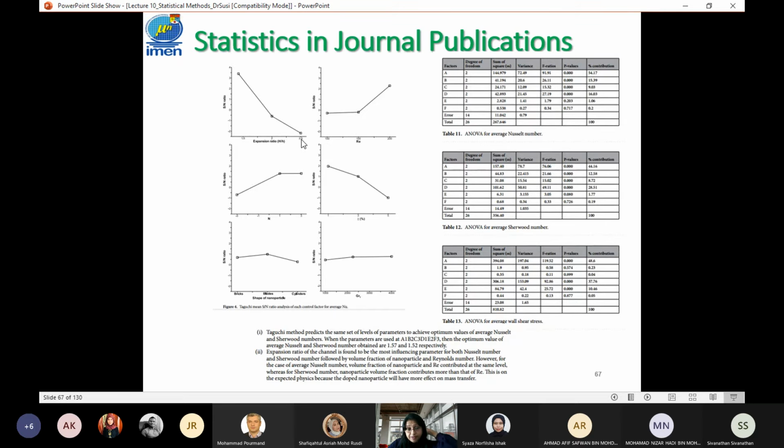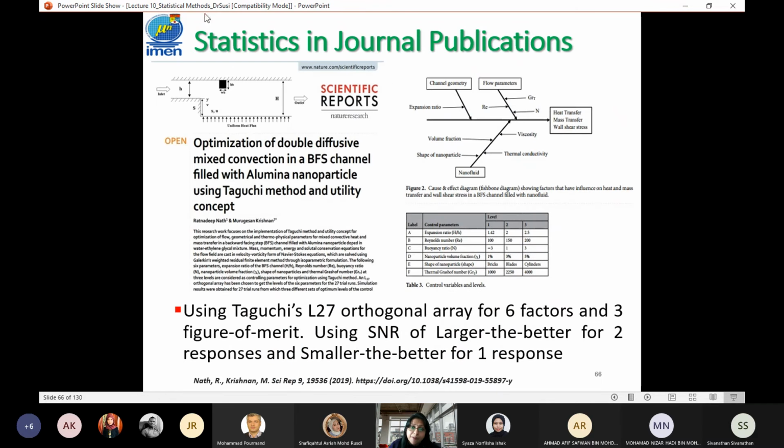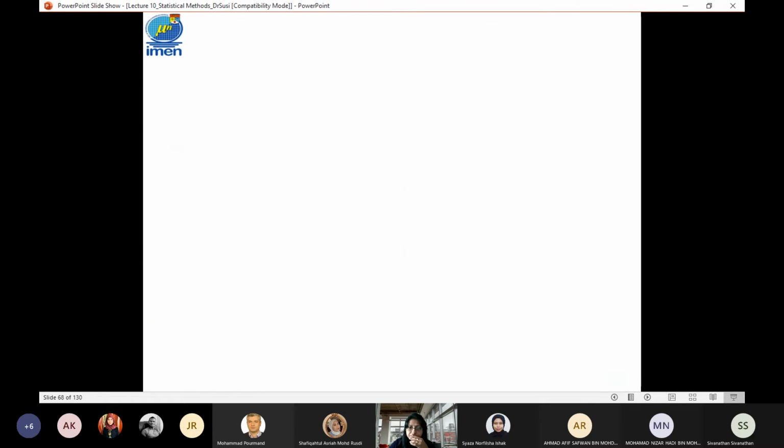Oh, so the middle level will be 2. It depends on your experiment. What is normally a common good practice is, if you want to use 2 levels, you use a low value and a high value. Sometimes some of your equipments have a lower limit and a higher limit. So you can use that as a lower value and a higher value. Or if you have 3 values, you can use a lower value, a mid value, and a higher value. Yeah, understood.